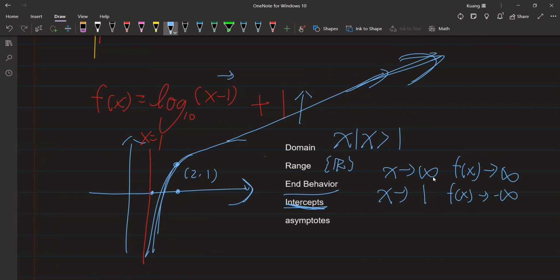I can see that there is no intercept between the graph and the y-axis, so there is only an x-intercept. For the x-intercept, I plug y equals 0 into this function.